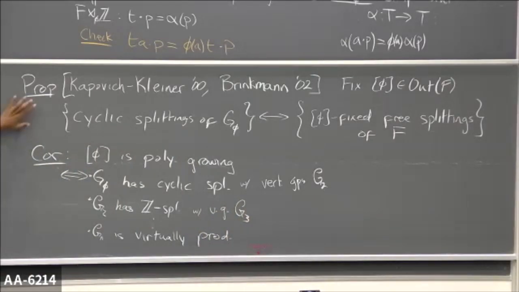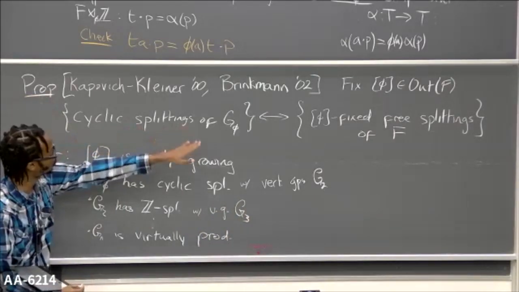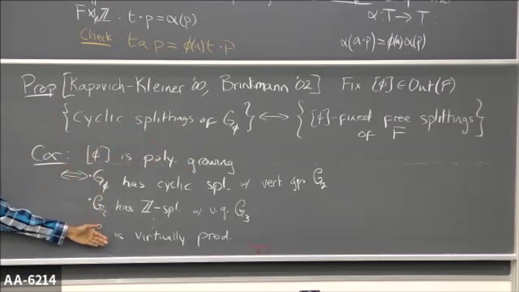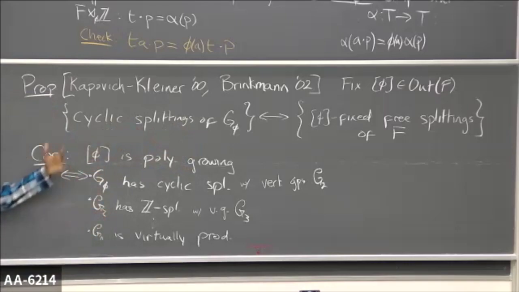So this proposition, having equivalence between fixed free splittings and cyclic splittings, allows me to translate that exercise into a statement about the free-by-cyclic groups. And this is a purely algebraic statement, so it's a group invariant. And now I've proven that being polynomially growing is a group invariant.